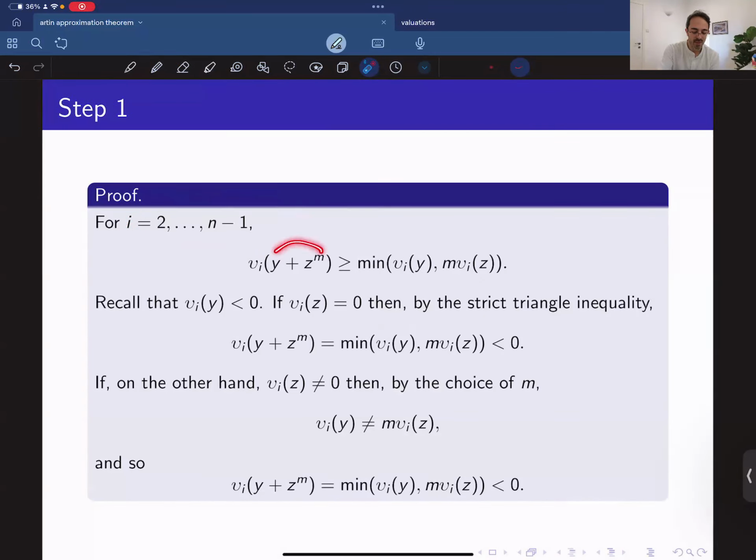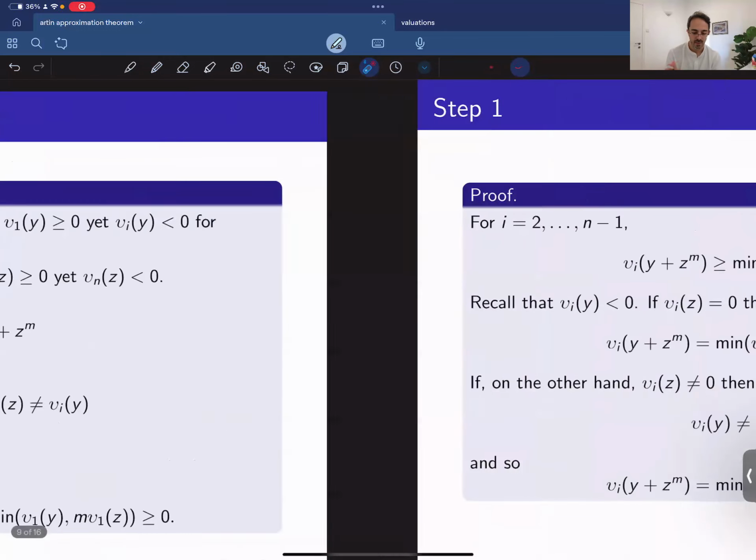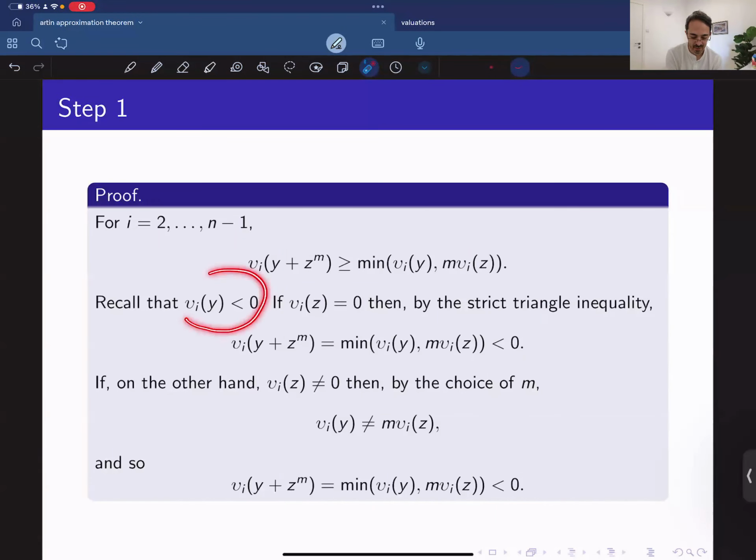Vi of Y plus Z to the M is, again, at least the minimum between Vi of Y and M times Vi of Z. But recall that Vi of Y for those i's is negative. If you go back, that's the way we chose Y using the one-step induction backwards, so it is at most minus 1. So this is strictly negative.